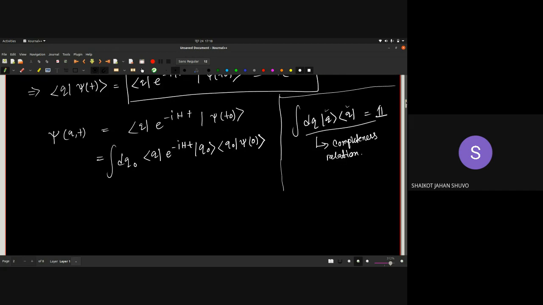I can write this. Okay, so if I write this in the next line, I can write this measure again, this q0, and this is just the wave function for the particle at position q0 at time t equals 0, right?